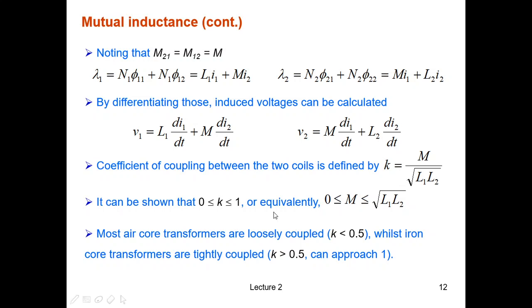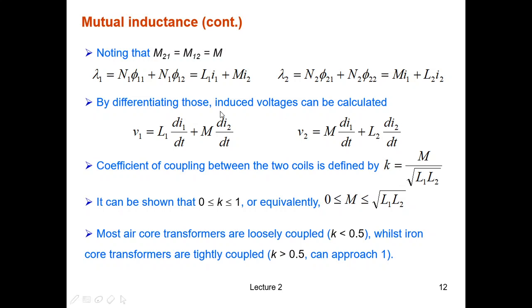By definition, if you multiply phi1 by N1, you have the flux linkage for coil 1, which is L1 multiplied by I1 plus M multiplied by I2. Similarly for coil 2, what is created by I1 will be related to a mutual inductance, and what is related to the current in that coil itself will be the self-inductance L2.